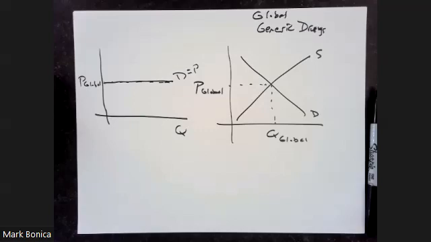So if P global is 2, you'll always sell it at 2, because there's such a huge market. If you make 100 bottles, 1,000, 100,000, or 1,000,000 bottles, you can sell them into the global market at 2. That's what the horizontal line where D is equal to P means: you have an infinite amount of demand for the product that you can make.